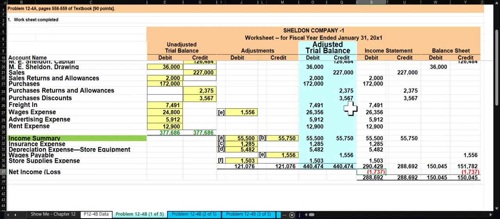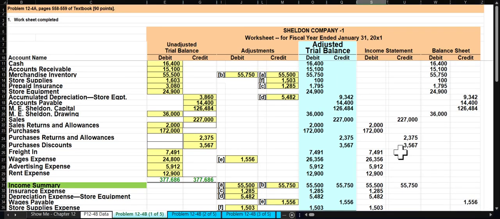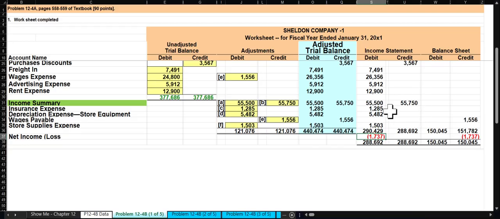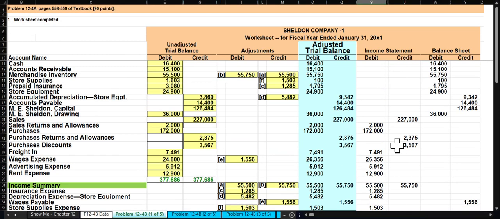These balances are used to prepare the financial statements. And then we have the income statement. So I know when I prepare my income statement, I should end up with a loss of 1,737.